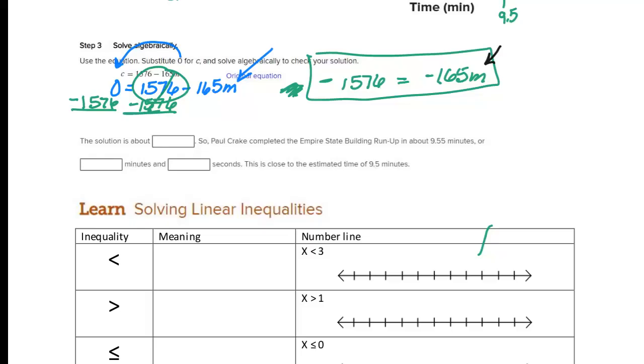Here's my M. What's happening between negative 165 and M? It is being multiplied, so I will divide, yes, by negative 165. And this is where it's really nice if you have a calculator. You get M is equal to 9.55.